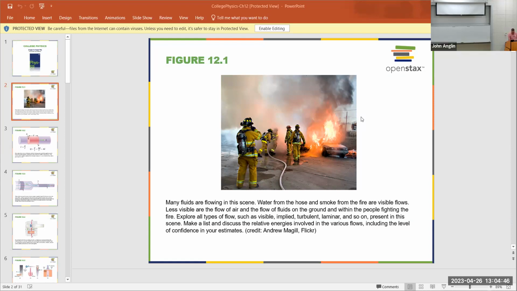So that's what we're going to look at, is how you build those mathematical models to describe what's going on. For example, if you were to look at the scene here, you can already visualize and understand that even though we can say the water is a fluid and we can say that the smoke is a fluid, they're going to behave differently.